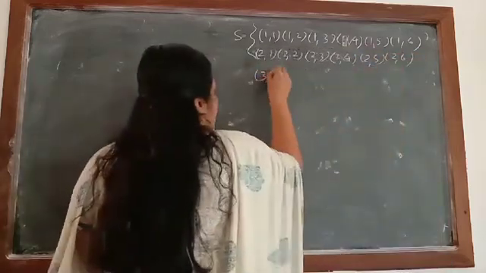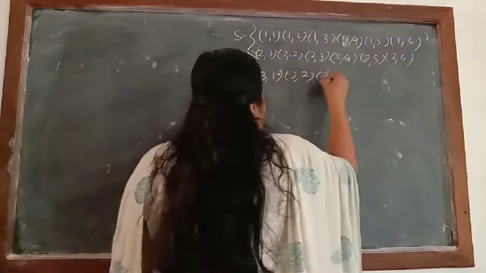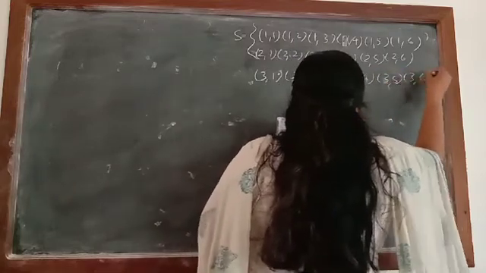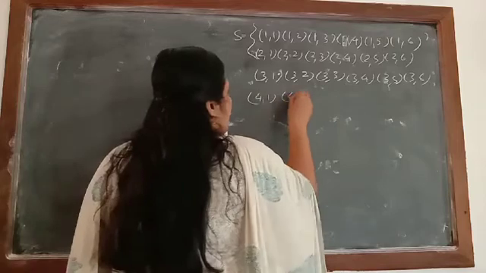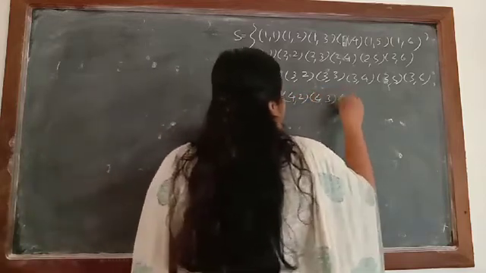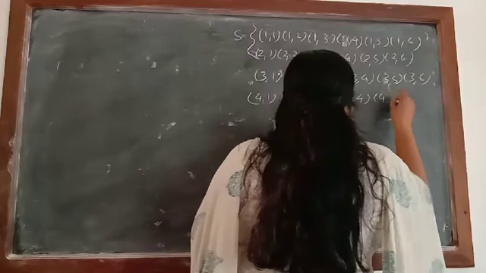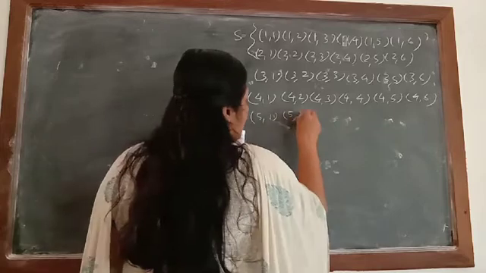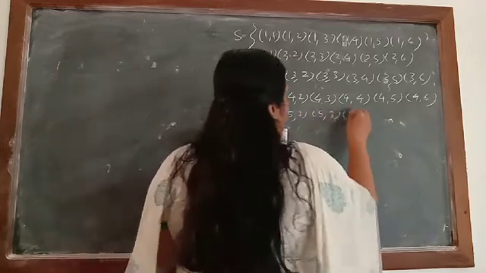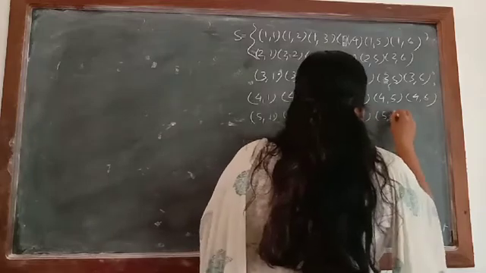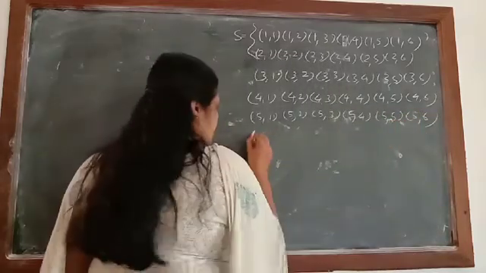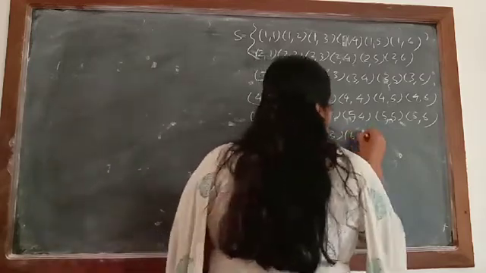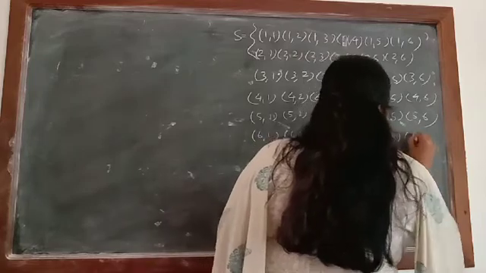Then 3 1, 3 2, 3 3, 3 4, 3 5, 3 6, 4 1, 4 2, 4 3, 4 4, 4 5, 4 6, 5 1, 5 2, 5 3, 5 4, 5 5, 5 6, and at last 6 1, 6 2, 6 3, 6 4, 6 5, 6 6.